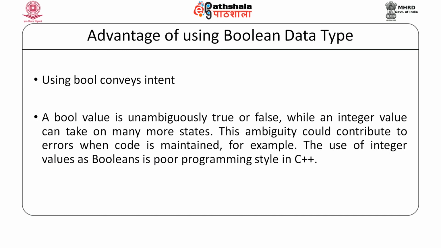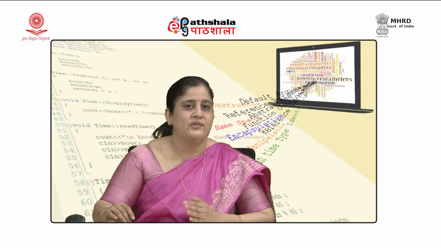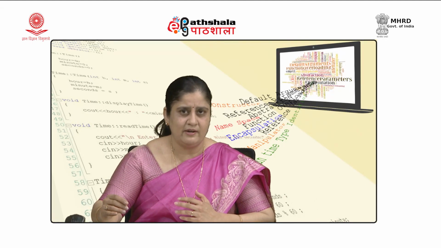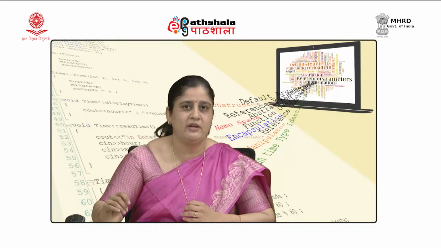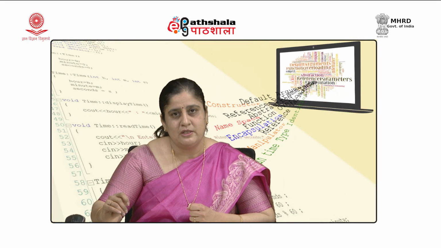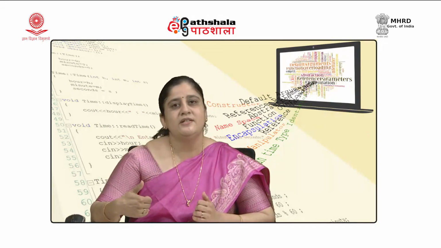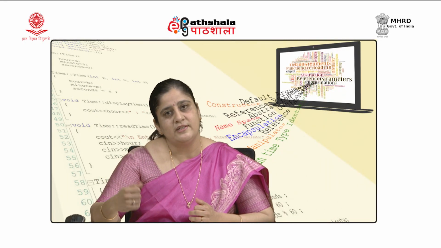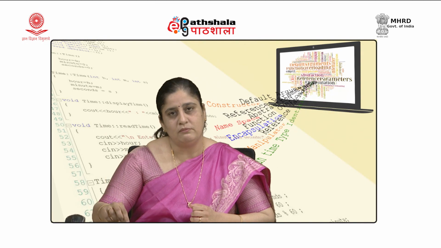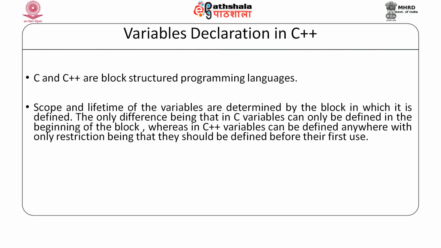Apart from the Boolean variable, pointers also have been extended in C++, and another data type called reference variable has been introduced in C++. About pointers and references in C++, we would be discussing in the next module. These data types allow us to create a variable of that type in which we would like to store a value.